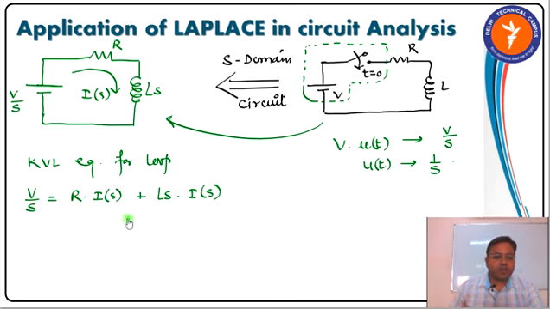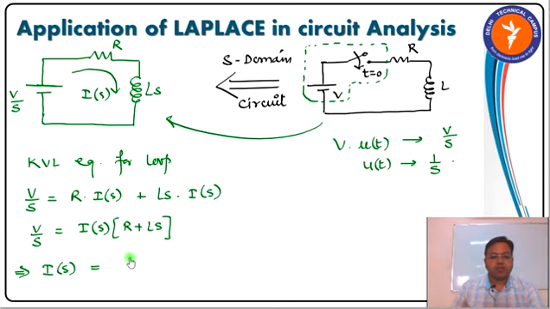Now in this equation we have I of S as the variable, and we need to solve this to find out the value of I of S. Let us solve it. So V of S equal to, if I take I of S common, R plus LS times I of S. This will give I of S equal to V divided by S into R plus LS.